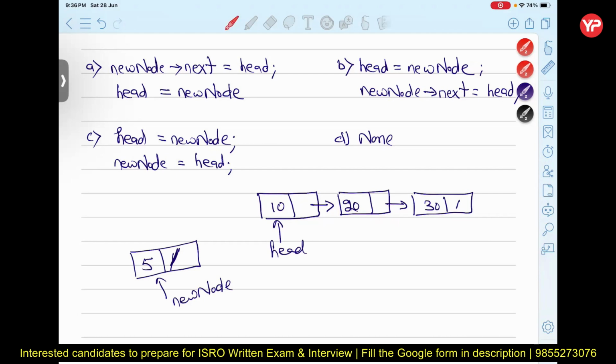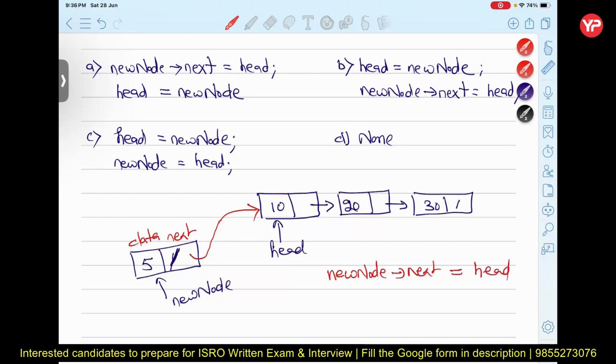So what operations do I have to perform? I have to make the next of new node. This is the data part, and this is the next part. So next of new node has to be head. That means new node next has to be head.